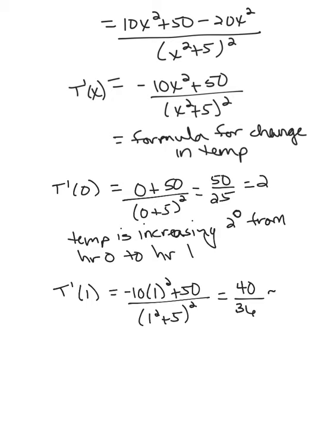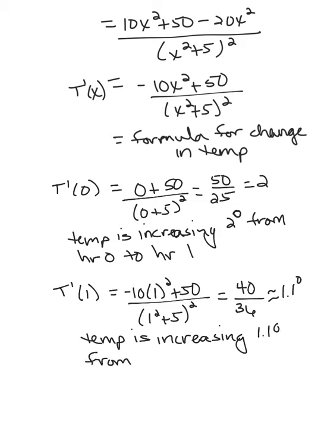And this gives you about 1.1 degrees. So what does that mean? The temperature is, because it's positive, increasing. How much? 1.1 degrees from the hour that you put in, 1, to the next hour, hour 2.